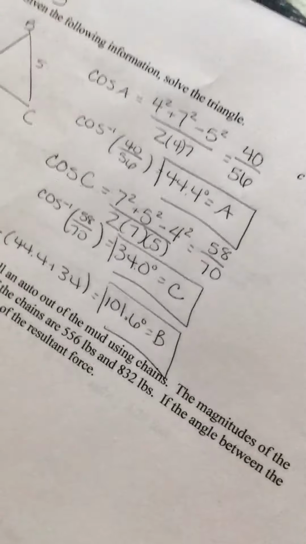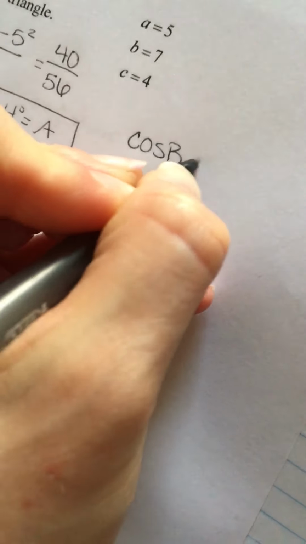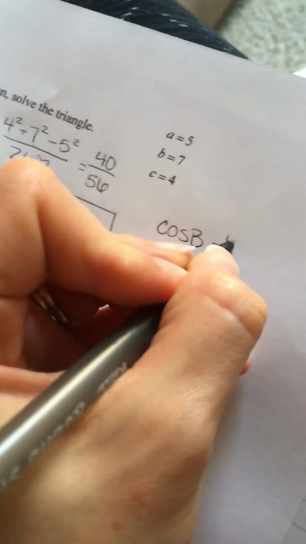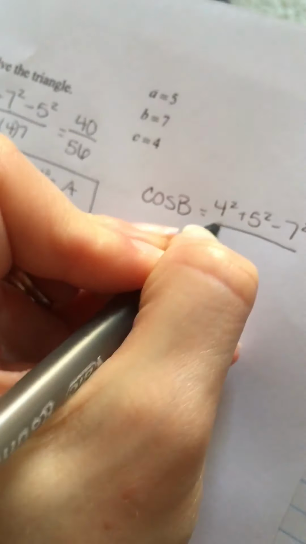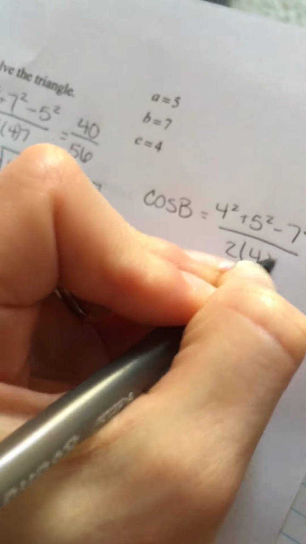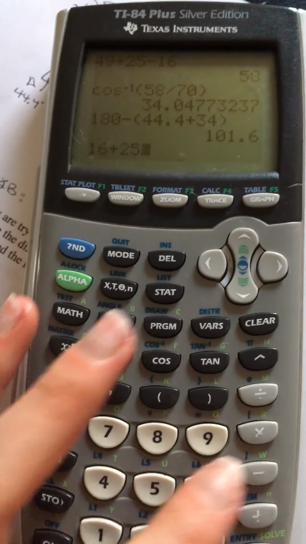But I'm going to do law of cosines just so you guys can see it again and to show you where we might get a little bit of a discrepancy. So cosine of B is going to be the sides next to B squared minus side B over 2 times those sides next to B. So 4 squared plus 5 squared minus 7 squared, over 2 times 4 times 5. So 16 plus 25 minus 49.